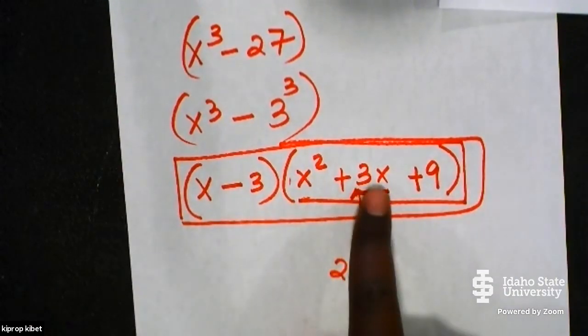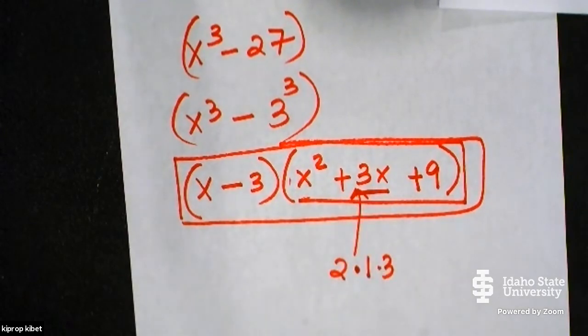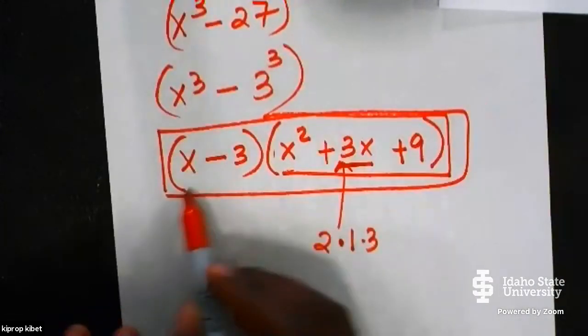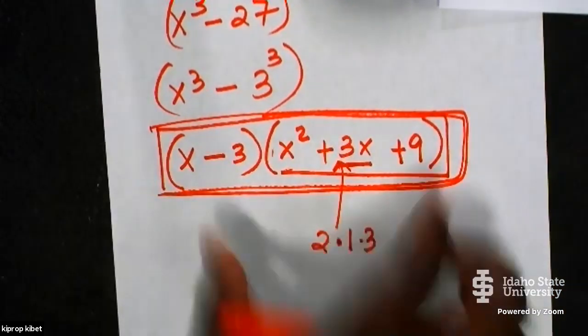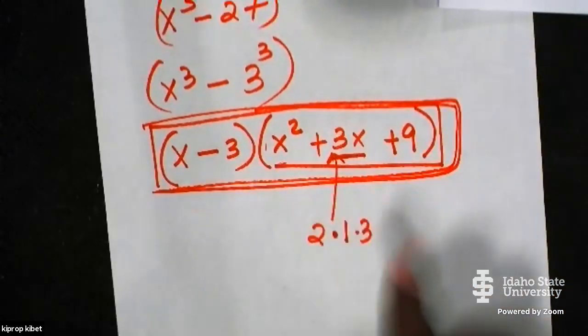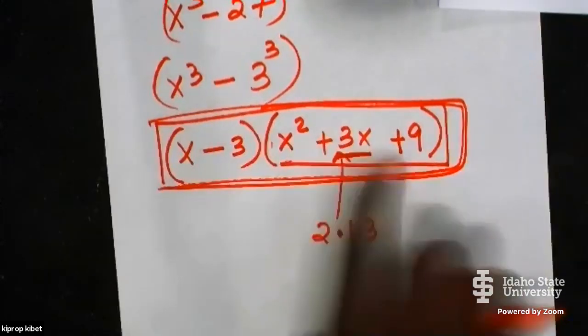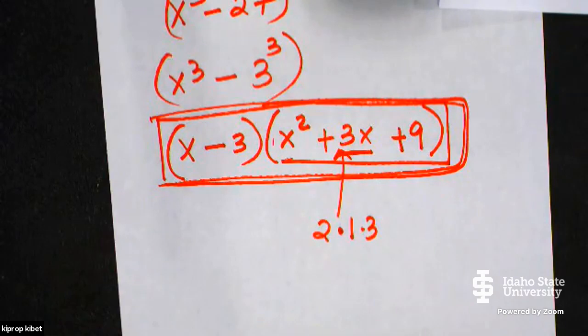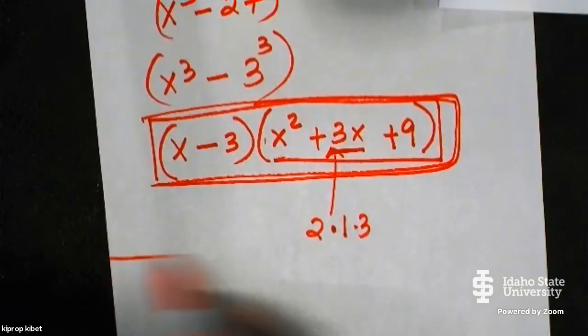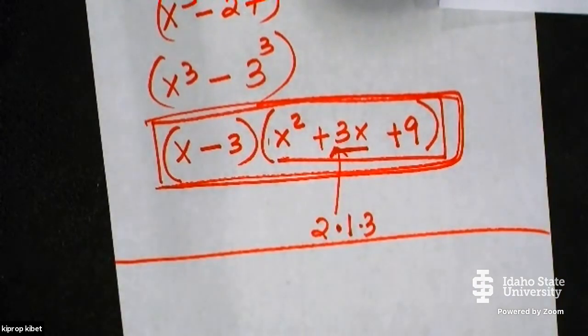But now it's 3, so it's not giving us a perfect square. So this is our final factorization. We cannot factorize anymore. So when you multiply there, what you get is x cubed minus 27. That's a tricky one. So you might get something like this in your exam.